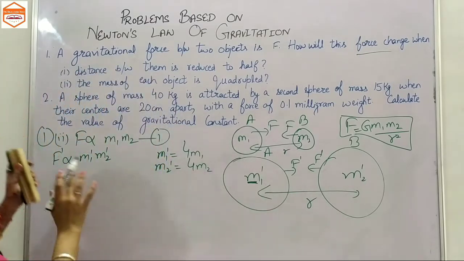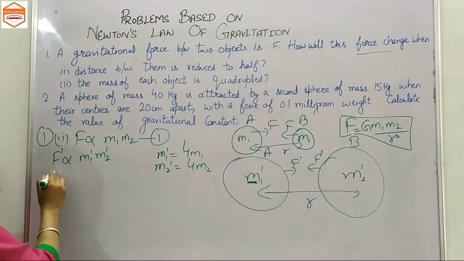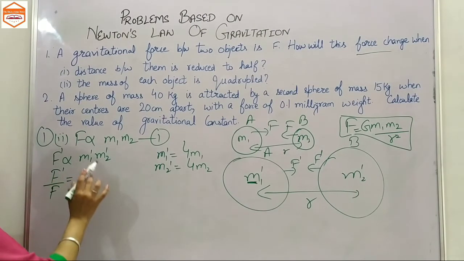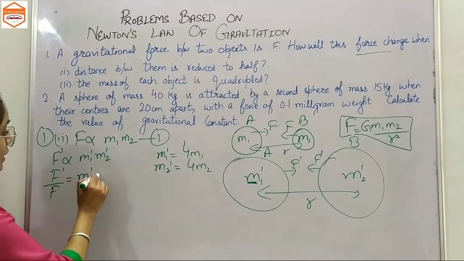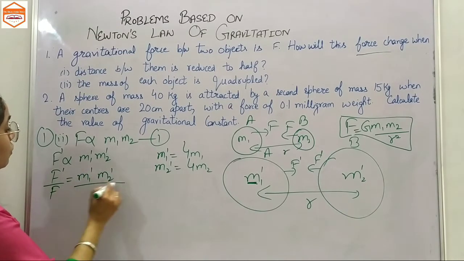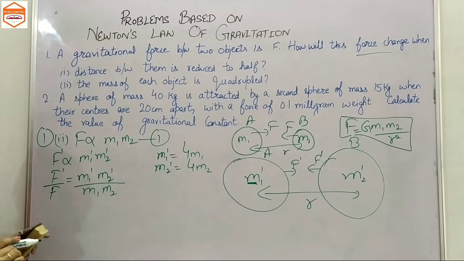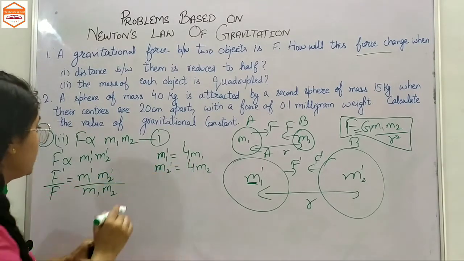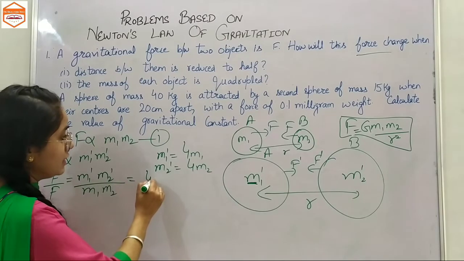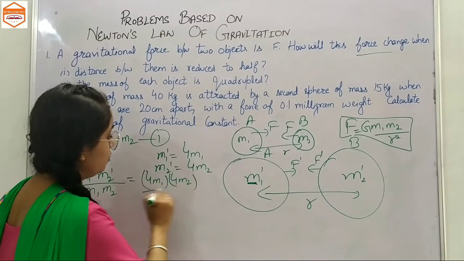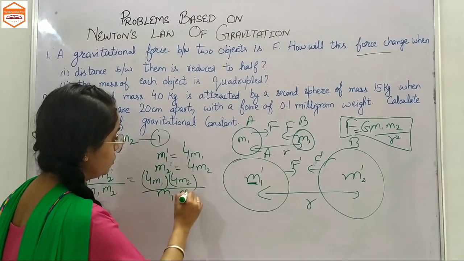Of course, again by relating them as we did in the first part, F dash over F is equal to m1 dash times m2 dash over m1 times m2, right? Now we're going to put these two values here. That would be 4 times m1 times 4 times m2 over m1 m2.